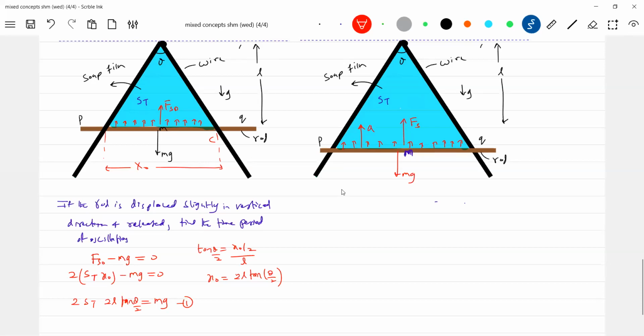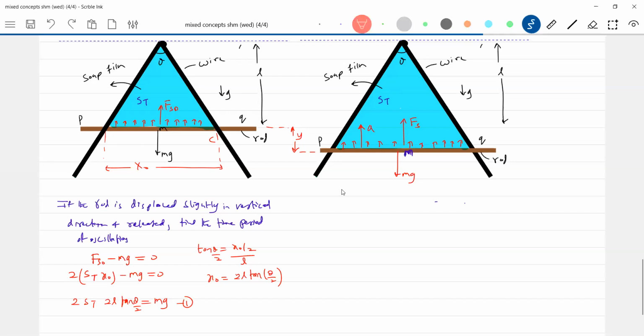What is the displacement given? Let it be y. I think some mathematics is what we have to bring. Additional force due to surface tension has to be calculated, no?